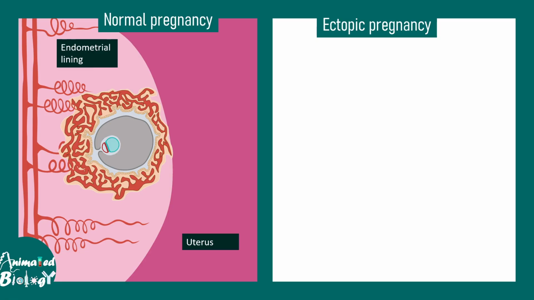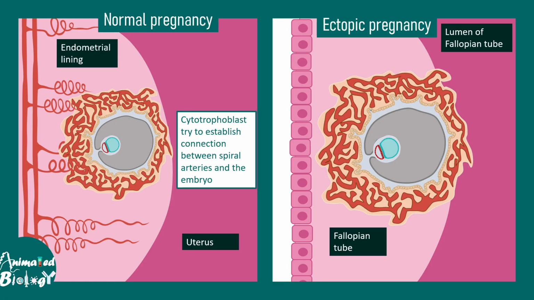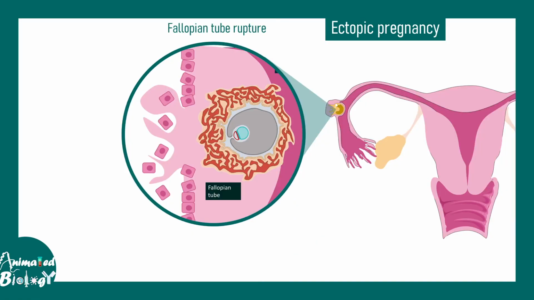Now, the same thing, if you think about the context of the fallopian tube lining, the cytotrophoblast would try to establish the connection, but there are no spiral arteries because it's not the endometrial lining. So obviously, what gets ruptured is the fallopian tube epithelial cells. As a result, if the fallopian tube is ruptured, it leads to huge inflammation, blood loss, and chance of further infection.